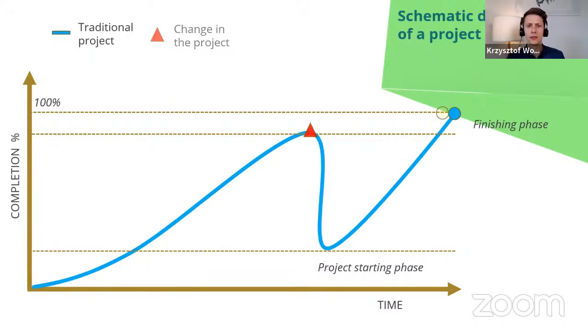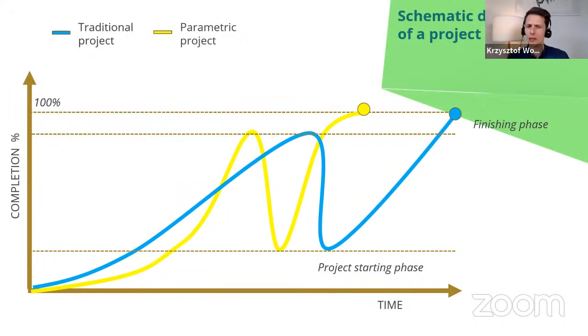However, if you look at this graph showing a parametric project, you can see that the design can be done much quicker. So we can come to the finishing phase a little bit faster. However, there will be a change. Anyway, really fast, we can come back and finish our project much earlier.